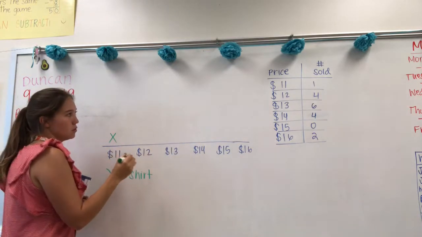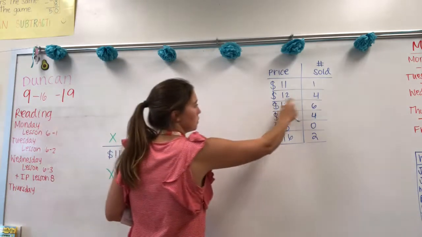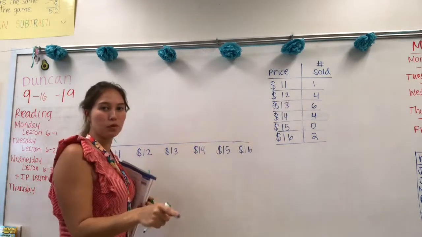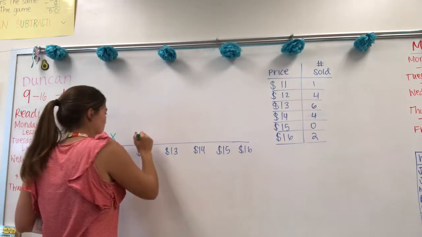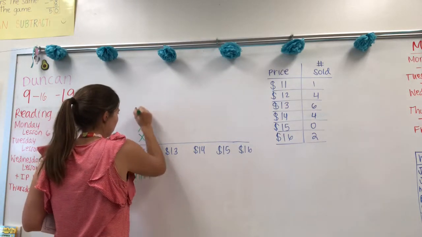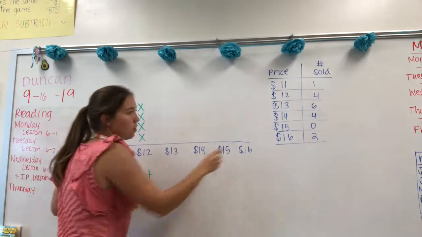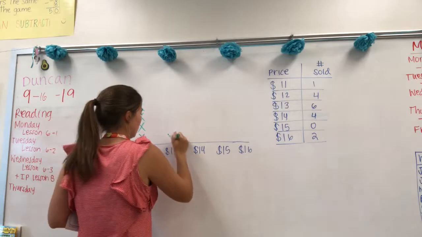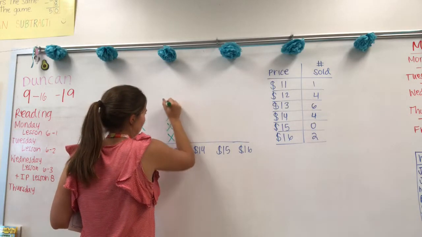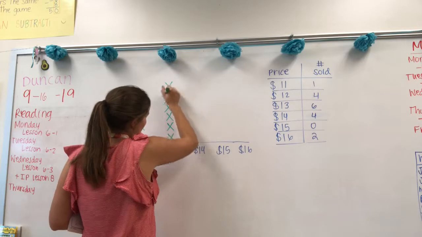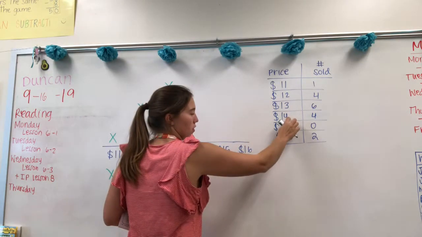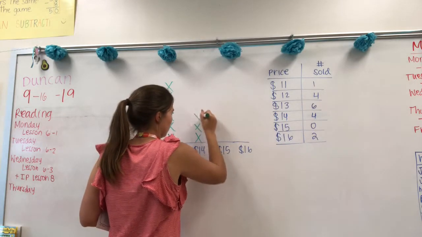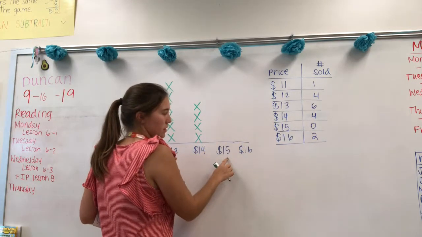$12, four shirts. 4 shirts were sold at $12. That means 4 people paid $12 for a shirt. So I'm going to do my 4. 1, 2, 3, 4. $13. 6 shirts were sold for $13. 1, 2, 3, 4, 5, 6. $14. 4 shirts were sold for $14. 1, 2, 3, 4. $15.